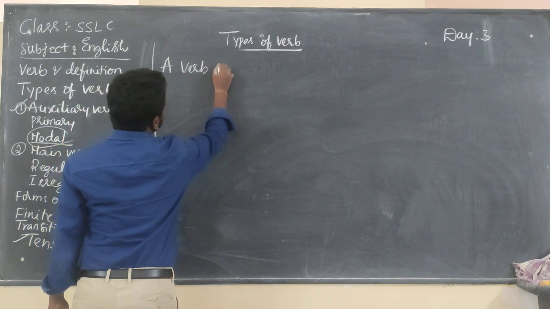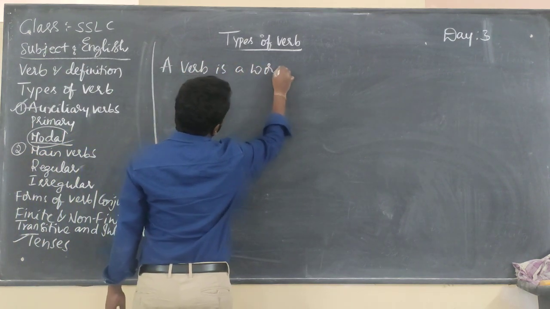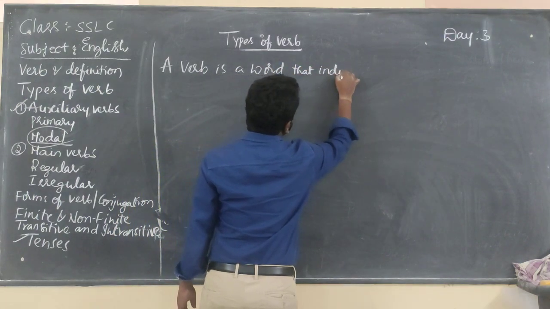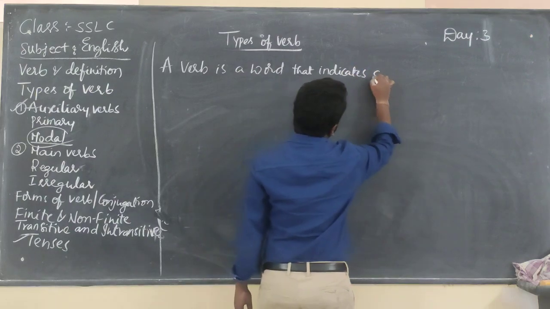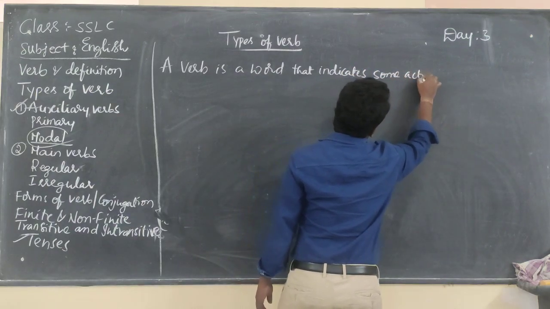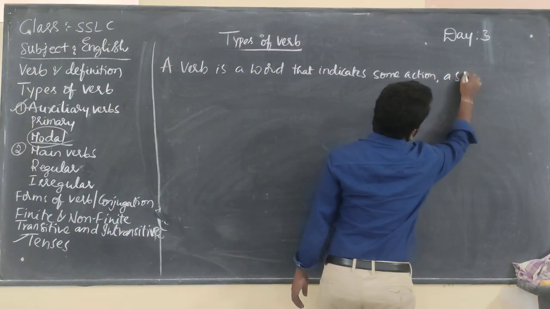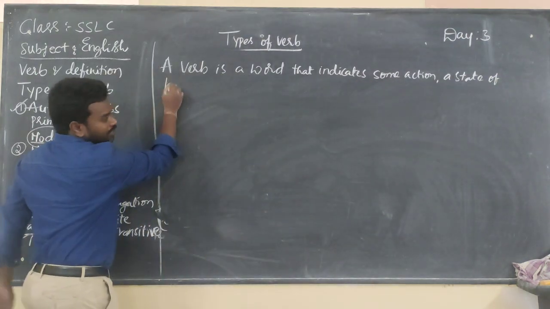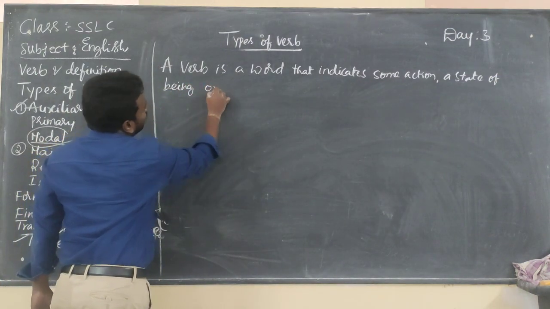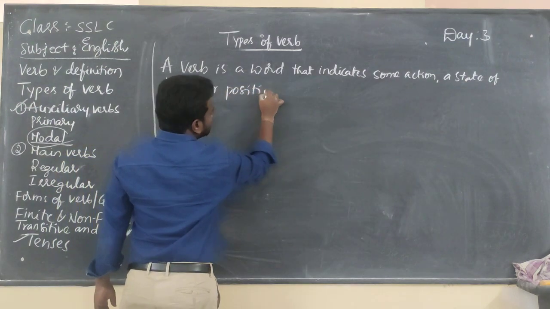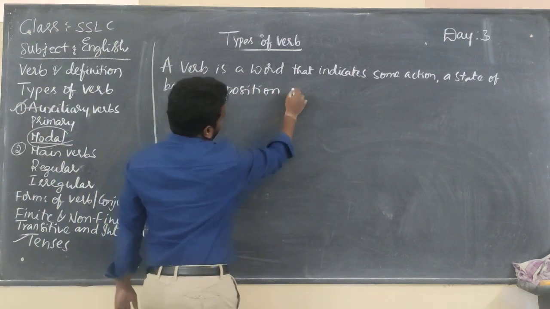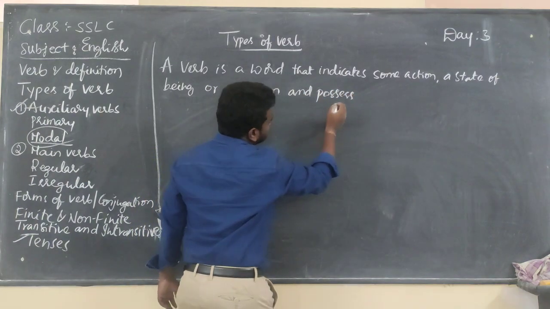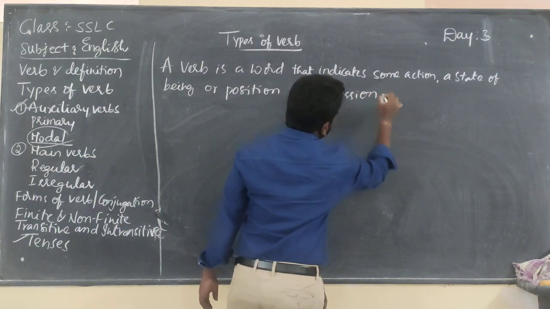A verb is a word that indicates some action, a state of being, or position. So this is a verb.